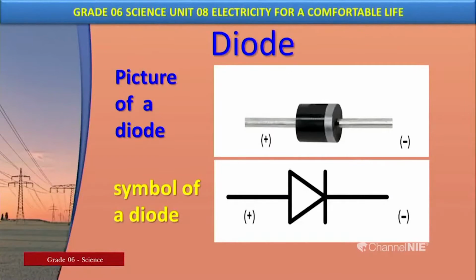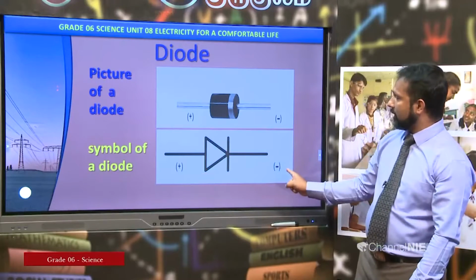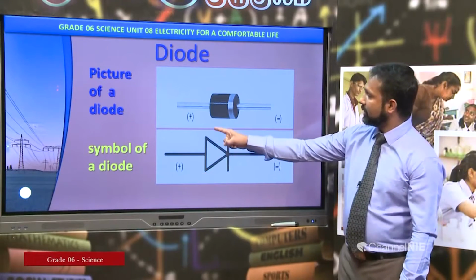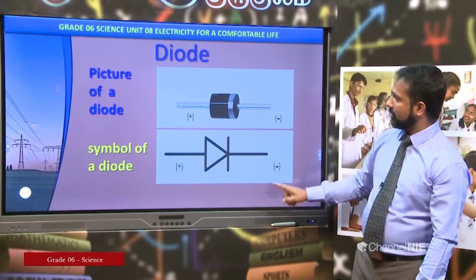As you can see on the board, the diode consists of two terminals, a positive terminal and a negative terminal. The second picture shows you the symbol of a diode. Positive terminal, negative terminal. The arrowhead is pointed towards the negative terminal.